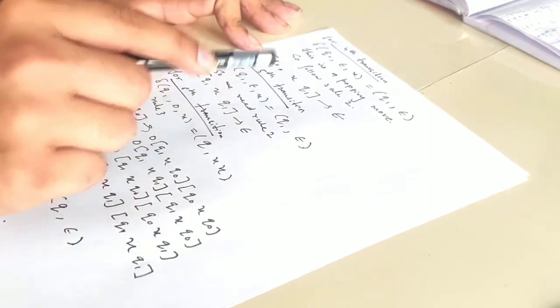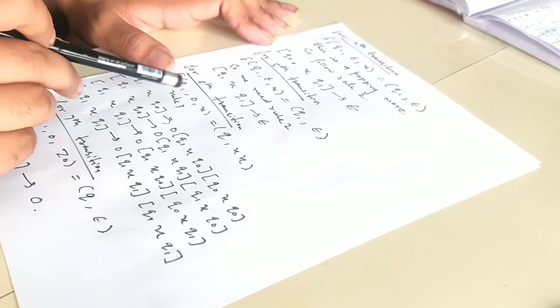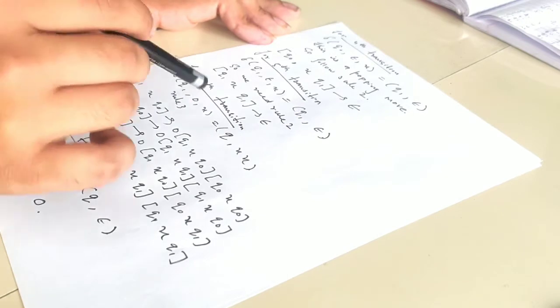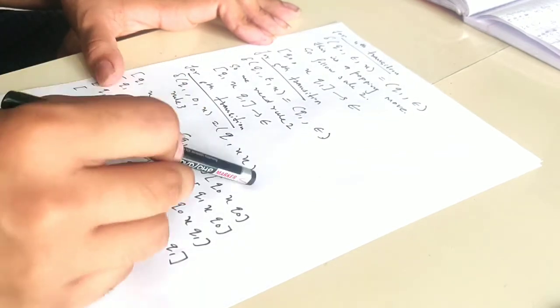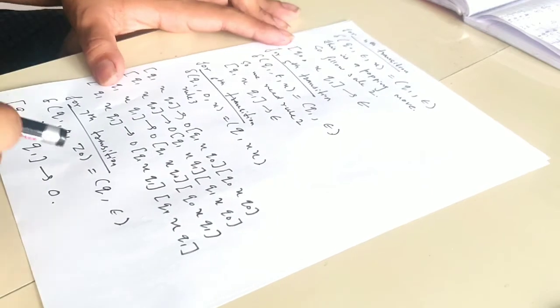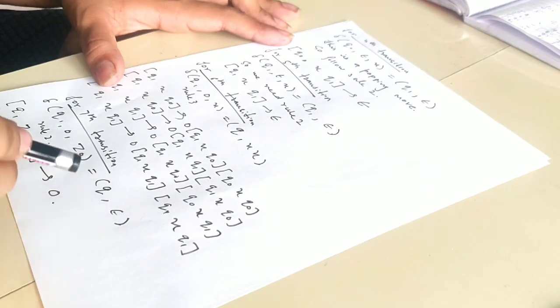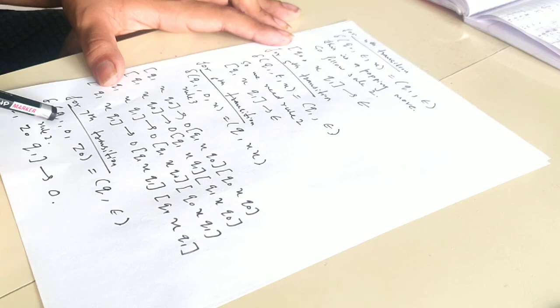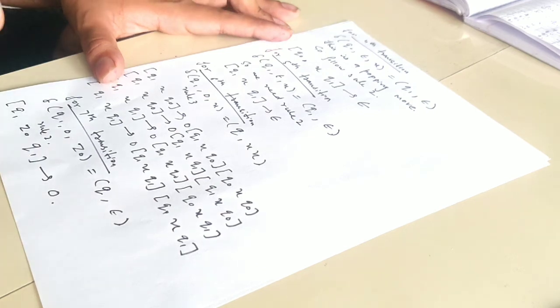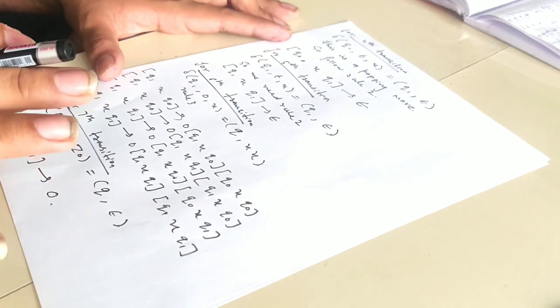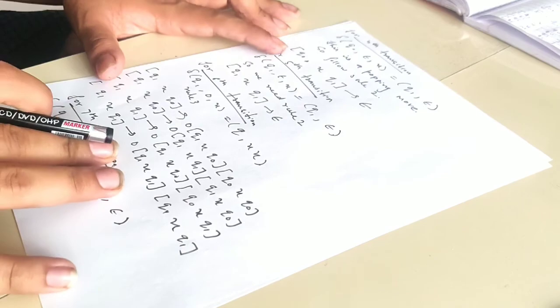For the fifth transition also we are following rule 2. For the sixth transition we are following rule number 3, because again we will get 4 productions here. It is a pushing move. And the seventh transition is again a popping move, so we'll follow rule 2, and this Q1 will come here, Z0 will come here, this 0 will go here, and this Q1 will come here. In this way we'll follow each and every transition.